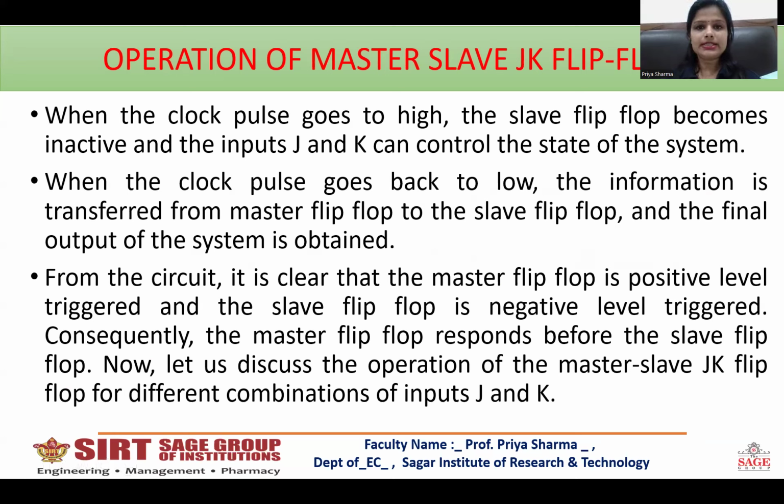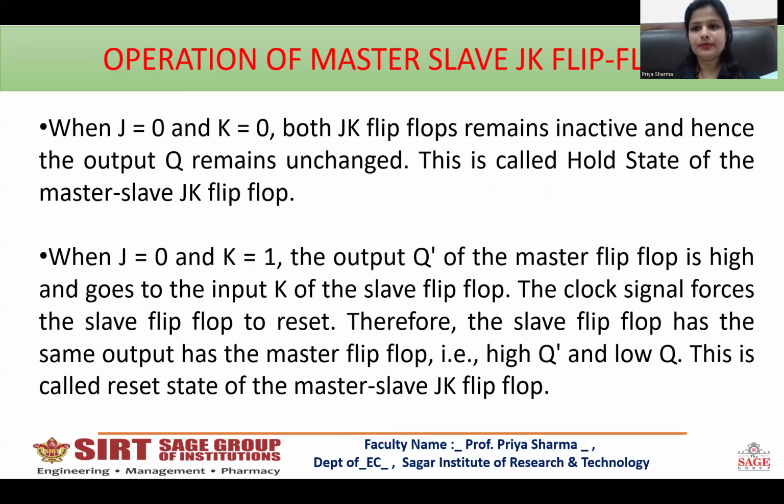Now, let us discuss the operation of the master-slave flip-flop for different combinations of the inputs J and K. When both the inputs are low, the JK flip-flop will remain inactive and hence the output Q remains unchanged. This is the hold state of the master-slave JK flip-flop.